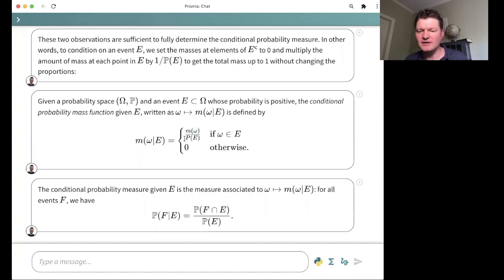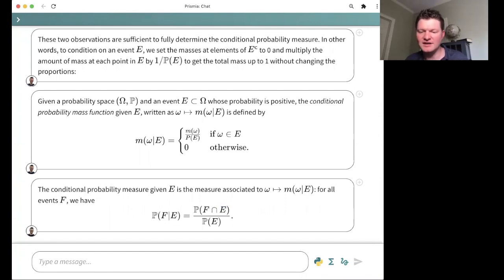So we get a probability of E in the denominator carrying over from this probability mass function. And then it sort of seems like we would get probability of F in the numerator, except that if there are any little omegas that are not in E, they contribute nothing. So we have to eliminate those. So that's why we intersect with E right here. So this is a formula you've undoubtedly seen before.